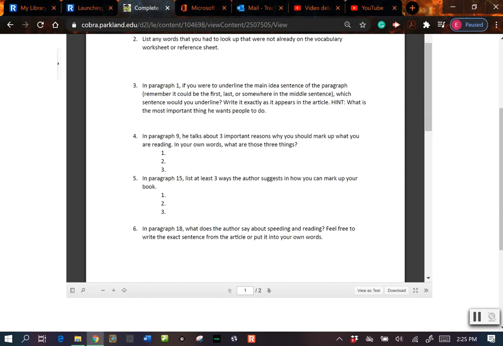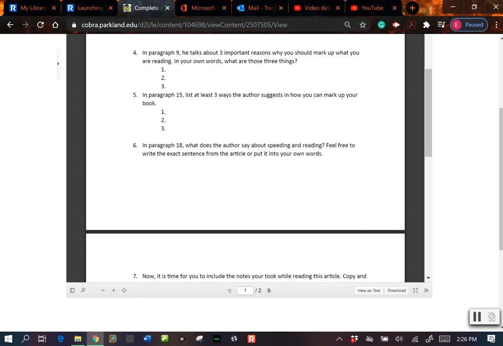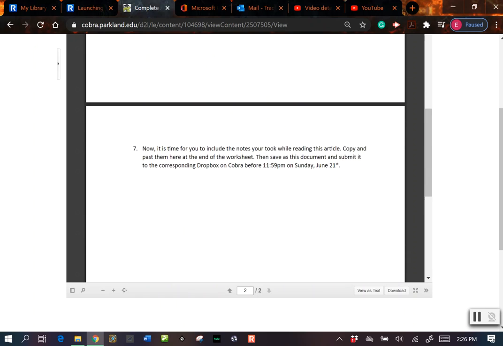And then instead of looking to see if you underlined the main idea in each paragraph, I'm just going to ask you questions about certain paragraphs. So in paragraph number 15, it says list 3 ways the author suggests how you can mark up your book. So you're going to list 3 of those. Okay, so it's about making sure you understood what that paragraph was about.